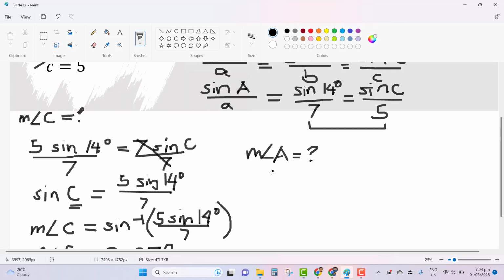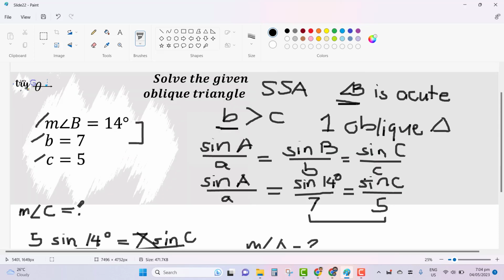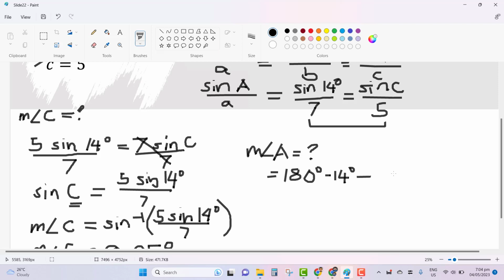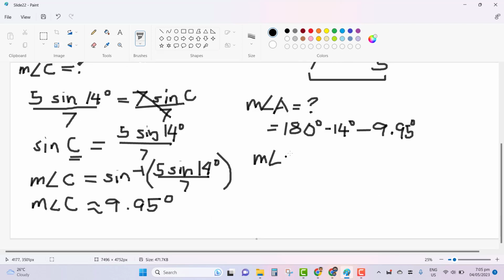That means you are going to subtract the given measurement for angle B, which is 14 degrees, from 180 degrees, also subtracting the solved value here of 9.95 degrees. So the measurement of angle A, we will not be using equality here because this value is already an approximated value.